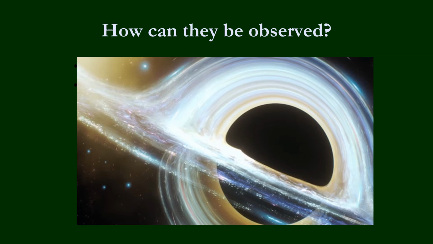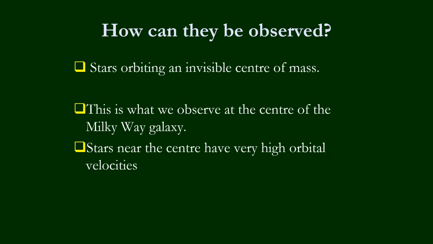So not a direct observation, but indirect observation, and that is what we work with, the idea of indirect observation, and you've got a disk, accretion disk around. That's the idea. So I've summarized that in these 3 points, and I've said, well, we've got these stars orbiting an invisible center of mass, and thinking about the Milky Way galaxy.